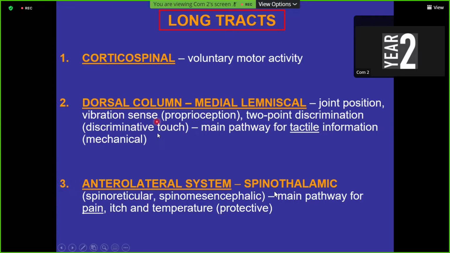If you hear these terms, fasciculus gracilis cuneatus means dorsal column medial lemniscal system. And the third one is the anterolateral system, which includes the anterior and lateral spinothalamic tract, mainly responsible for pain and temperature, and the anterior spinothalamic tract is responsible for crude touch and pressure.